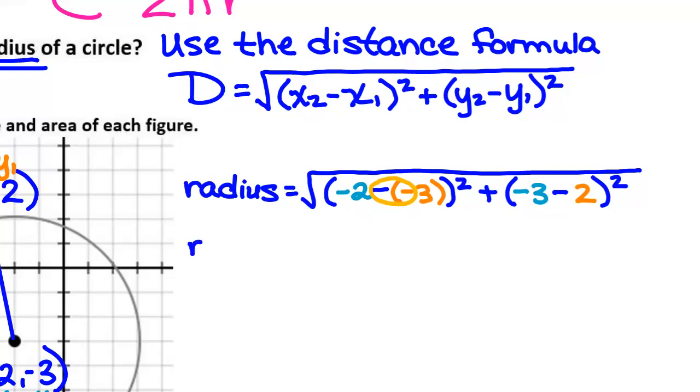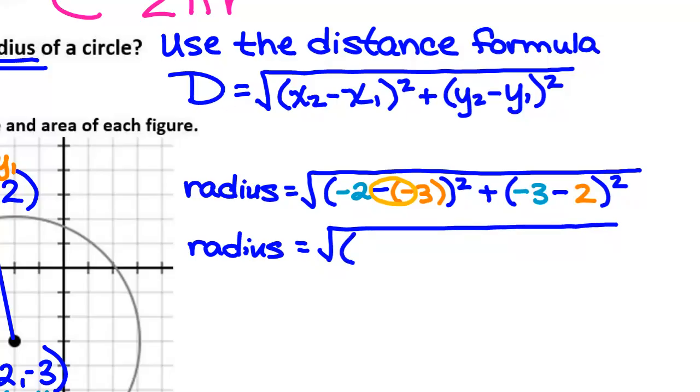Turns into addition, yes. So my radius is equal to big square root sign. That would be -2 plus 3 squared plus -3 minus 2 squared.